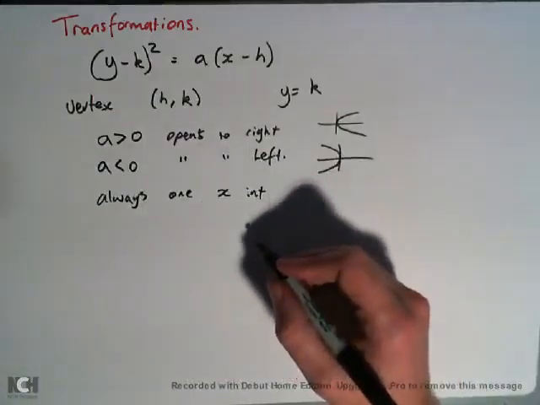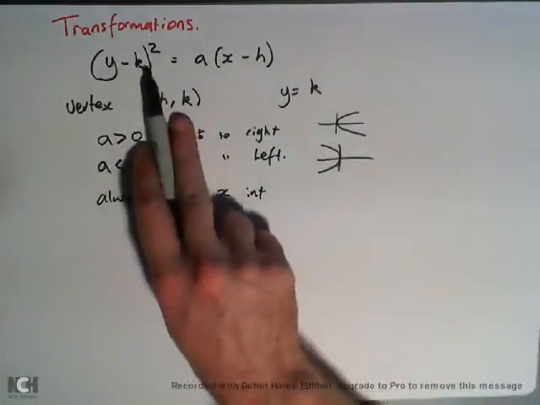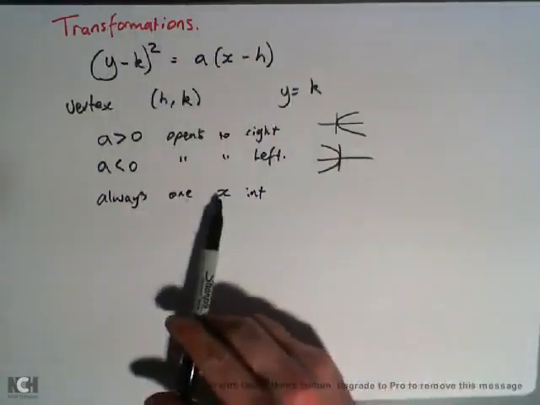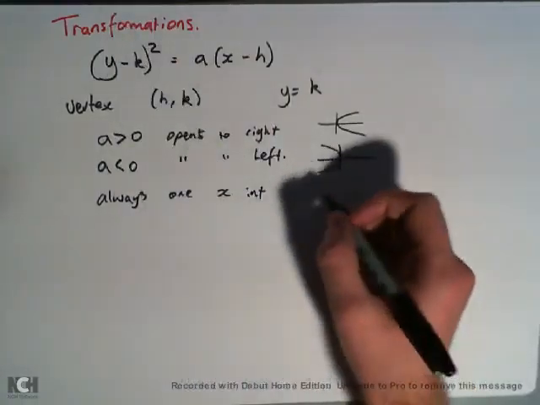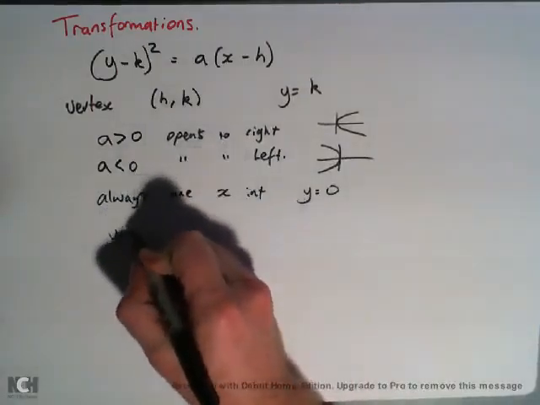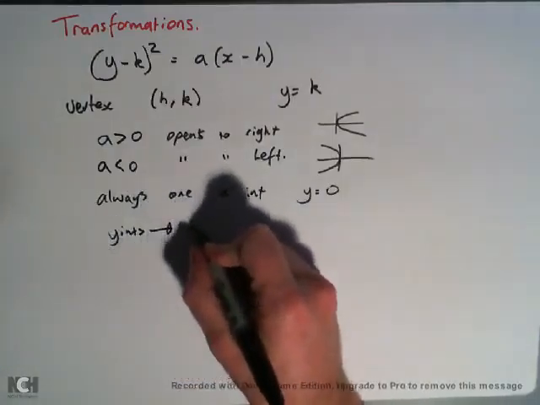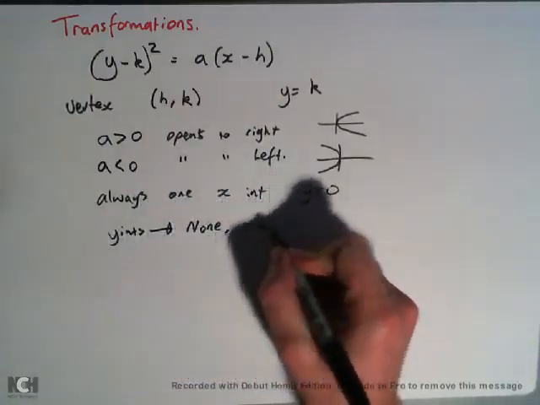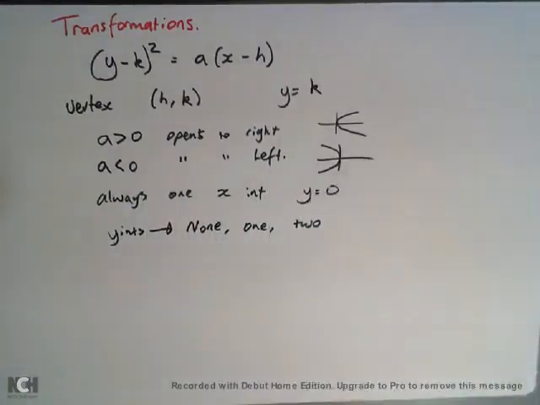It doesn't matter what value we have for k, h, a, etc. We're always going to have one x-intercept. And that's found by y equals 0 as usual. There may be none, 2 or 1 y-intercepts. And again, we find that by x equals 0, just sub that in and solve the quadratic for y.